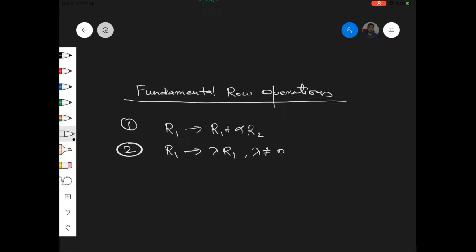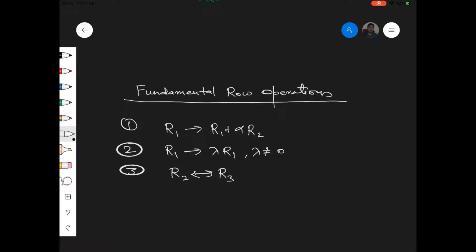And the third one is the swapping of two rows. If we replace row 2 by row 3 and row 3 by row 2 in any matrix, it will remain in a particular form, and this operation is also called a fundamental row operation.